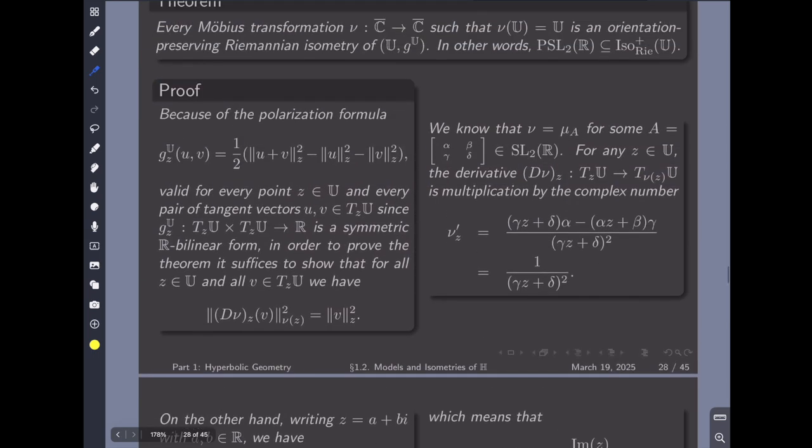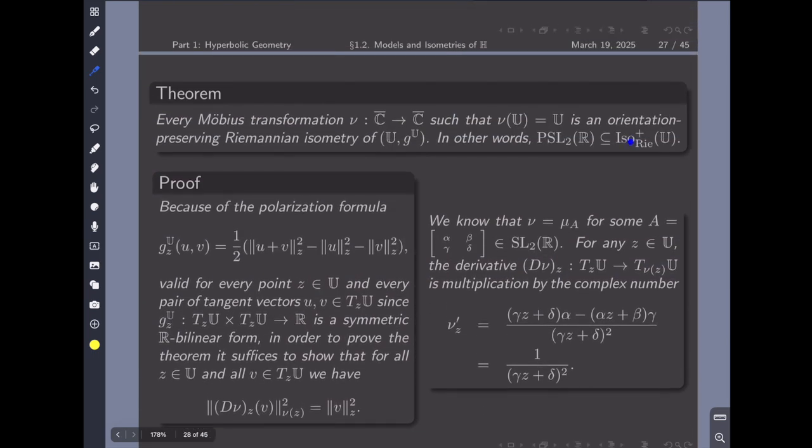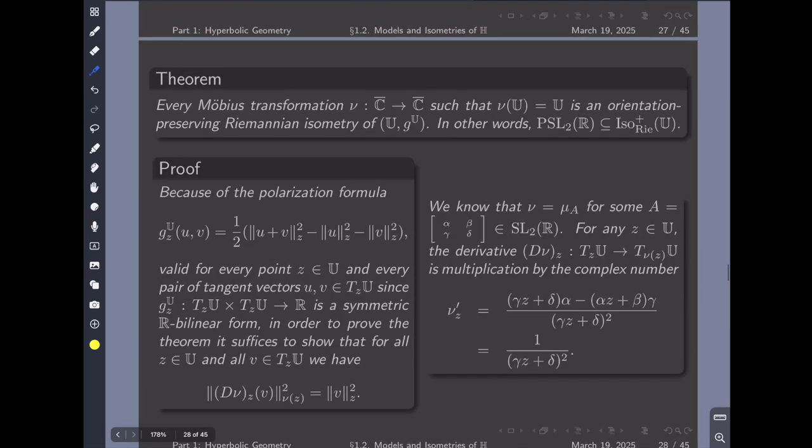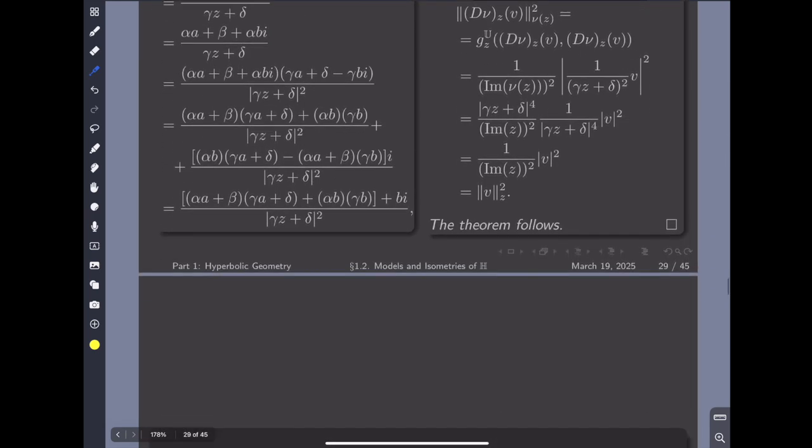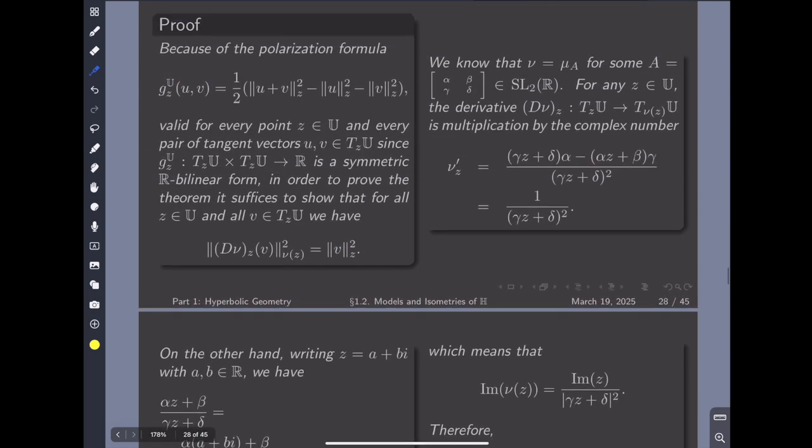What happens is that here you have equality actually, and the whole isometry group is, maybe let me write it somewhere here.